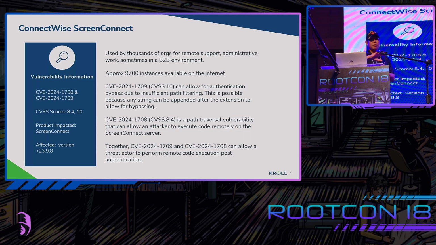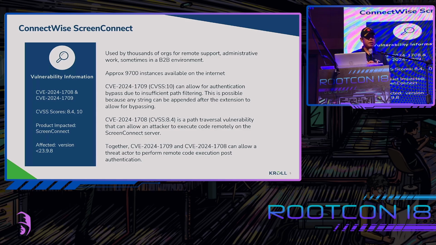Now, the nastiest of these two vulnerabilities would be, of course, CVE-2024-1709, which has a CVSS score of 10.0. It's quite high. What it does is allow for authentication bypass due to insufficient path filtering.